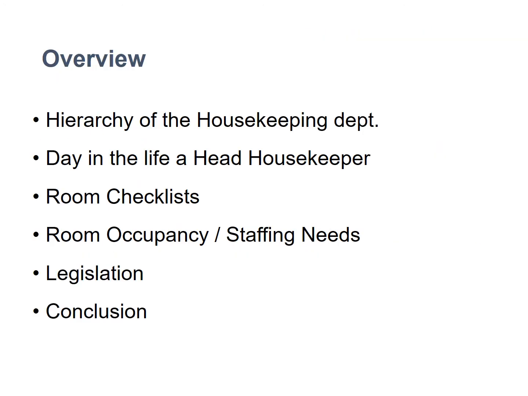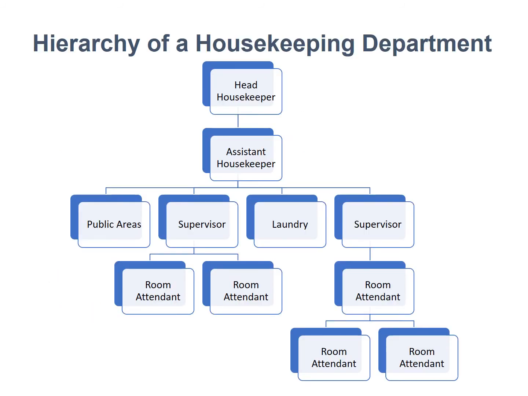So an overview will be the hierarchy of the housekeeping department, the day in the life of a housekeeper, head housekeeper, room checklists, room occupancy, staffing, some legislation, and then conclusions. If we look at the hierarchy of the structure of the housekeeping department, the housekeeping department would report to the front of house manager, and the front of house manager would report to the operations manager.